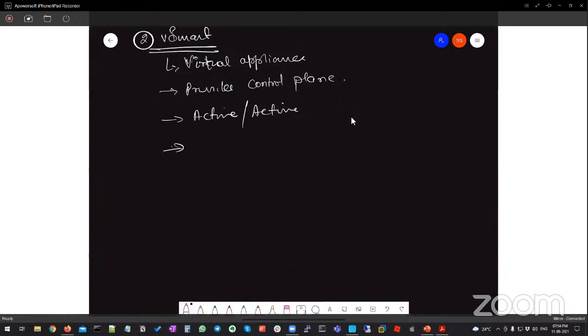So what is the main role of it? It distributes your control plane information to your WAN edges. Here, WAN edges means whatever edges are SD-WAN devices.